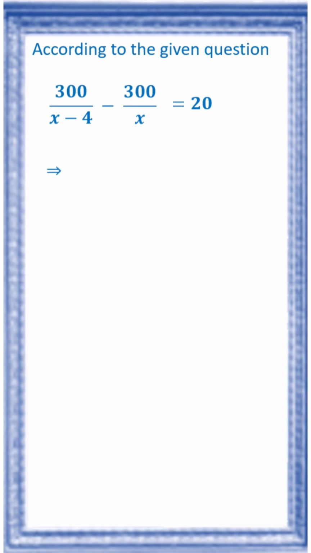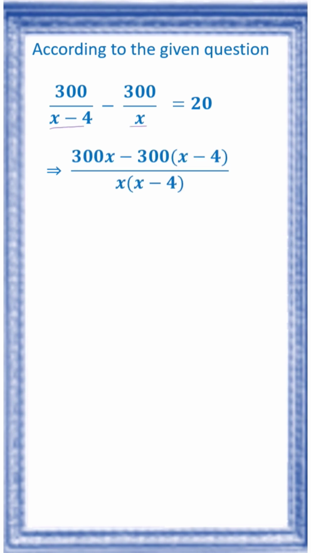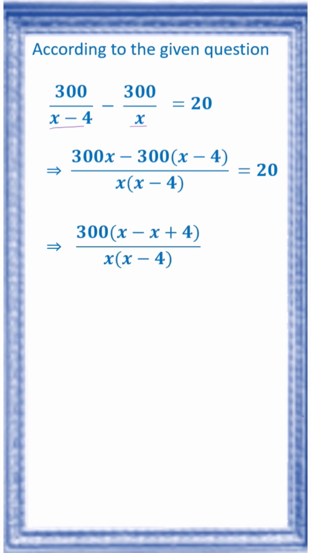It implies that, now let us take LCM and simplify. Here 300 is common. Now 300 is common. Here x, if bracket is open, what happens? Minus x plus 4.